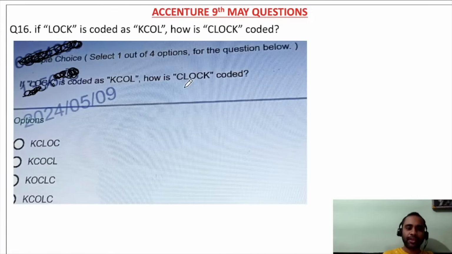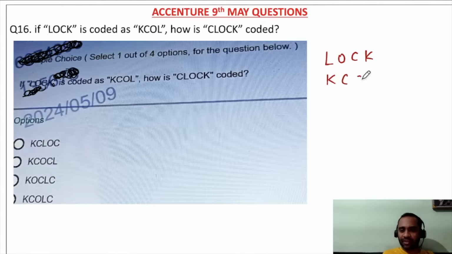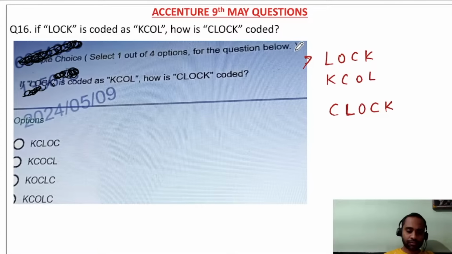Now next they are telling: if LOG is coded as KCOL, then how will CLOCK be coded?